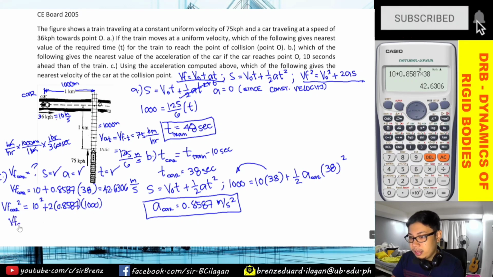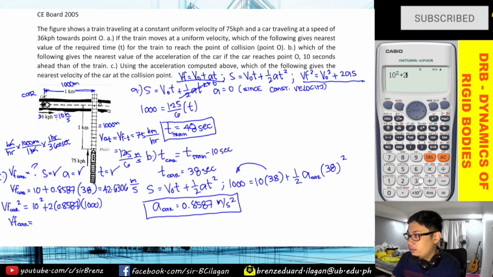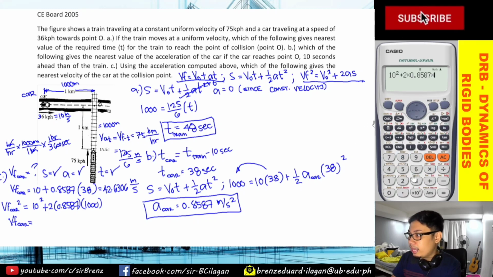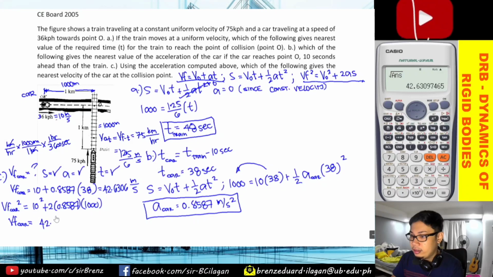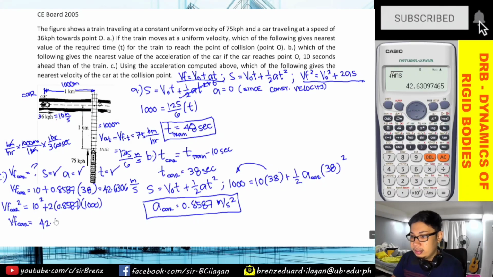So the final velocity of the car using the third equation is equals lang sa 10 squared and then plus 2 times 0.8587 then times 1000, equals, so square root ng answer, so 42.63. Ayan, may konti lang decimal, so okay lang naman yun. Napakaliit lang ng difference. Okay, so almost the same, so either of these two is acceptable.